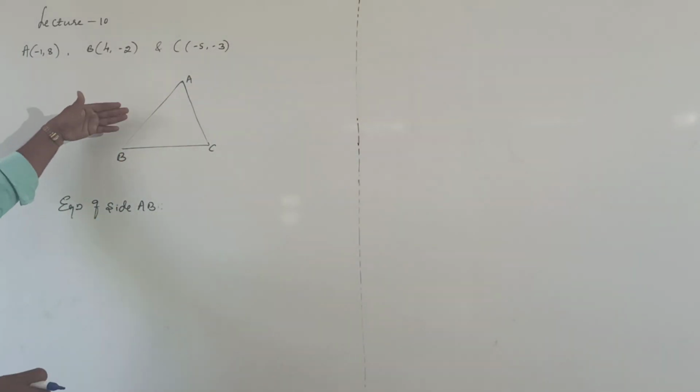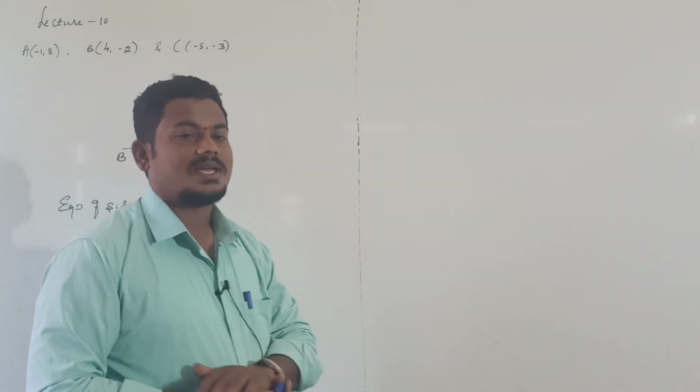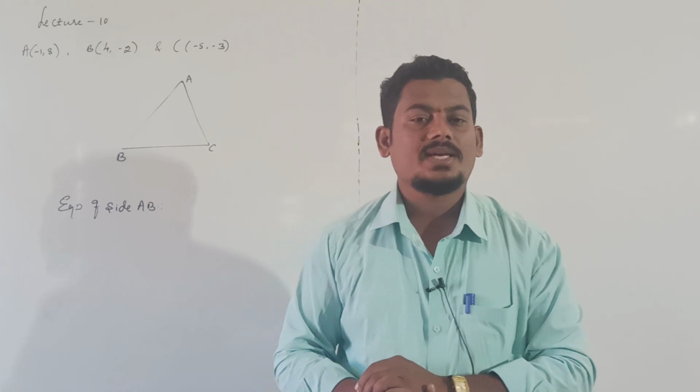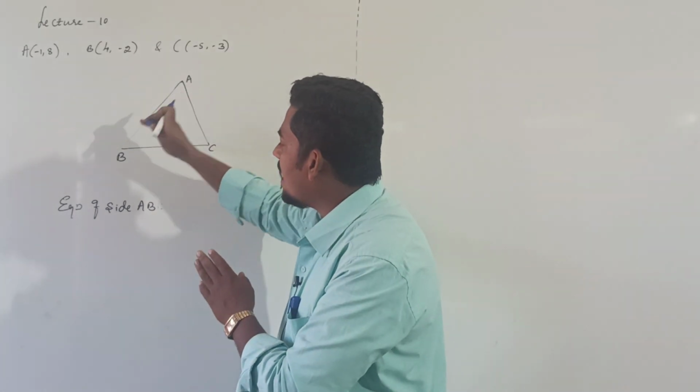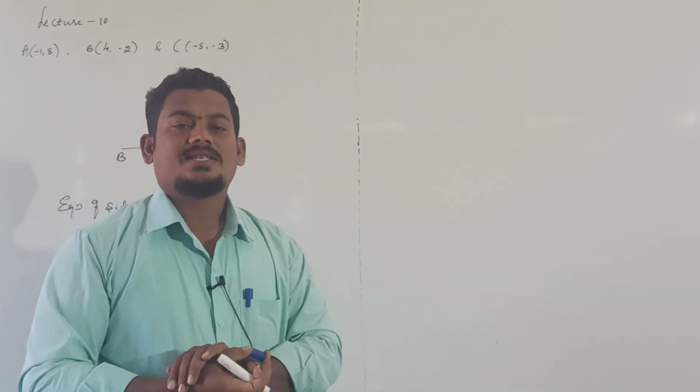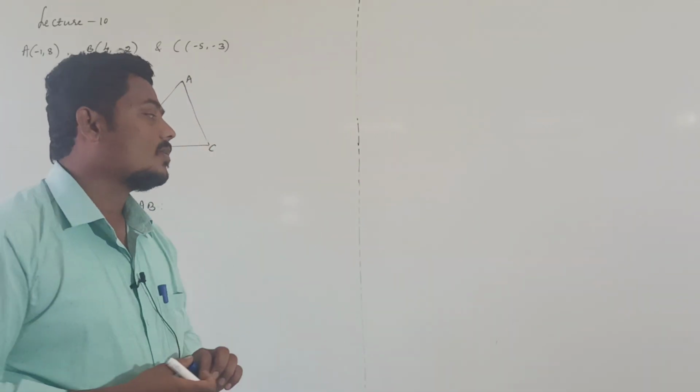While finding the equation of AB, which formula is applicable? Clearly, the coordinates of A and the coordinates of B they have given. Then how to find its equation? Just use the 2-point formula.